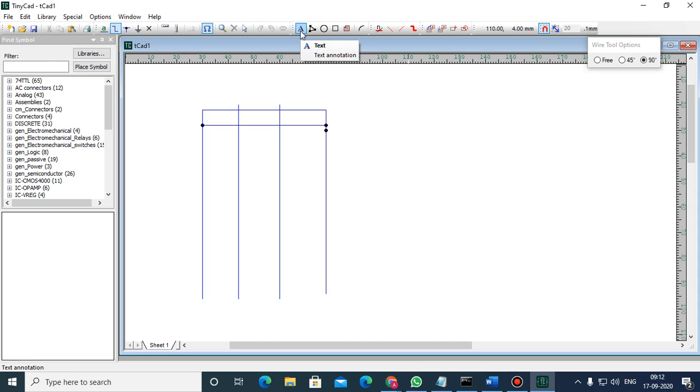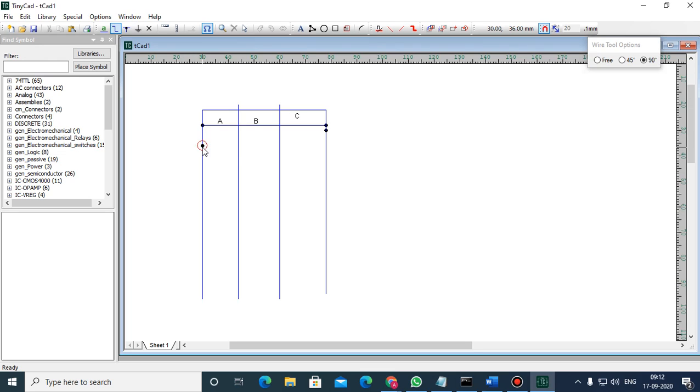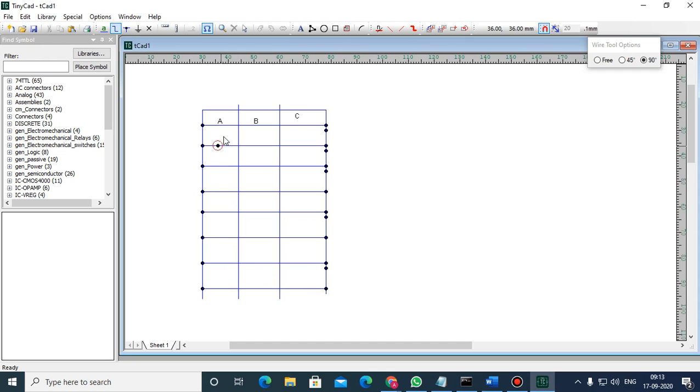And here suppose we have A, B, and C. There are 3 inputs, so there will be 8 combinations.